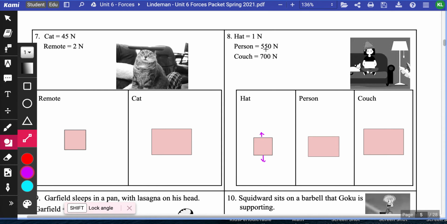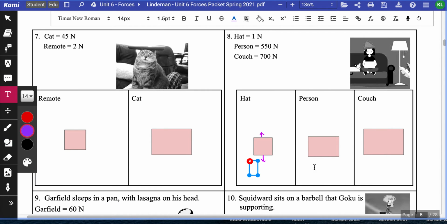Each problem can have its own scale or organization to how long the arrows are. So here for the hat, we have Fg is equal to -1 newtons, and Fn is equal to +1 Newton. Okay?